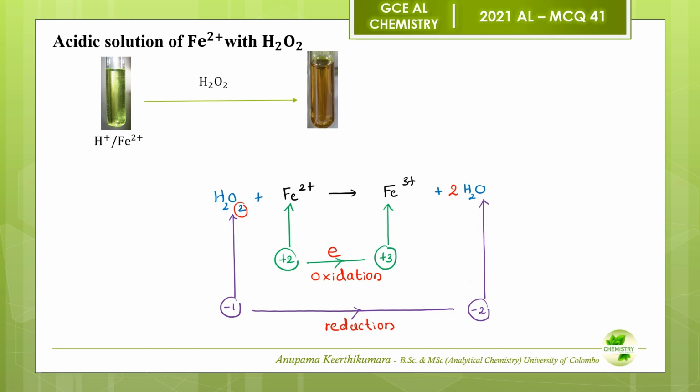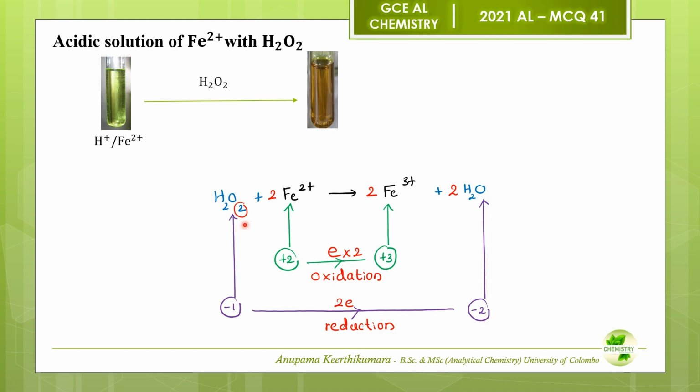Therefore, the total number of electrons involved in this reduction process is 2 electrons. Next, balance the number of electrons. The oxidation we can multiply by 2. Therefore, add coefficient 2 for both Fe2+ and Fe3+.